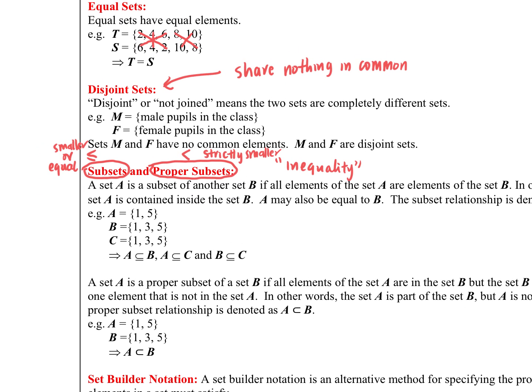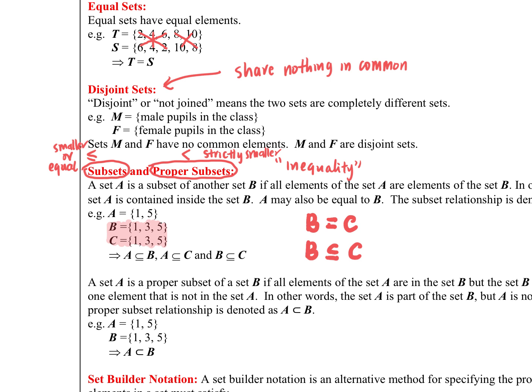For example, look at B and C. They are exactly the same, so there are three ways I can write it. I can say B is an equal set to C. I can also say B is a subset of C, because you can be smaller or equal to.